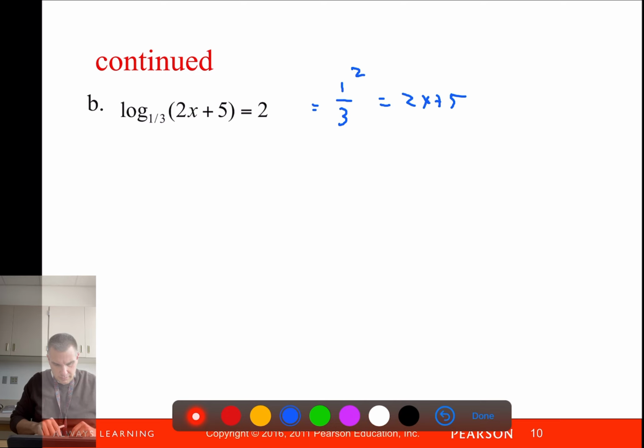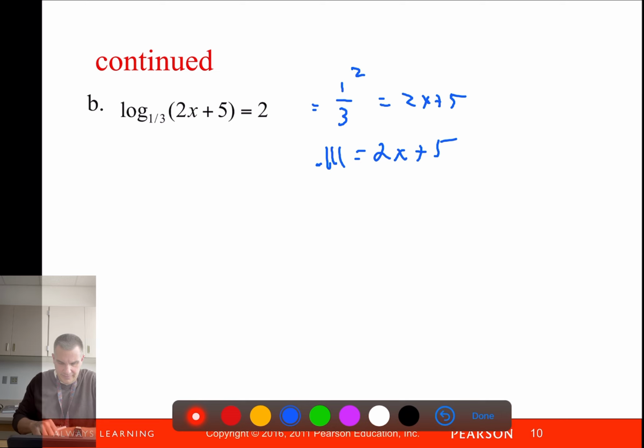So we've got 1/3 squared. I've been having issues with calculators all day today. 1/3 squared is like 0.111. I'm not going to clear my calculator. That equals 2x plus 5.